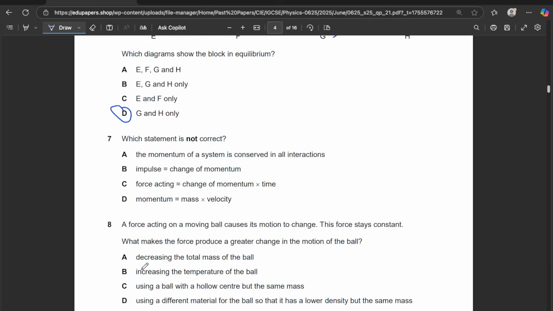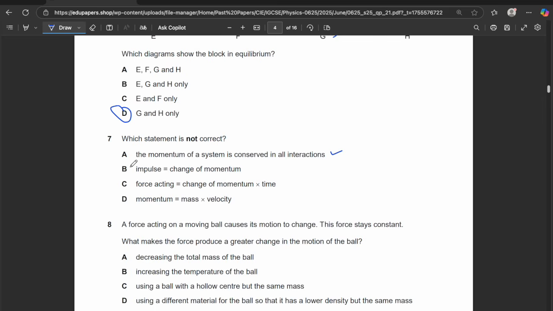7. Which statement is not correct? A. The momentum of a system is conserved in all interactions. Well, this is true because there's something called conservation of momentum, right? So total momentum before collision, the initial, is equal to the momentum after the collision, the final momentum.